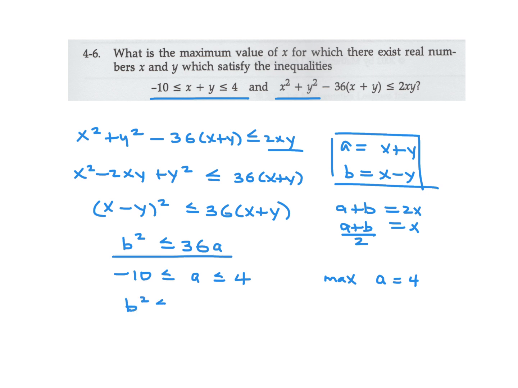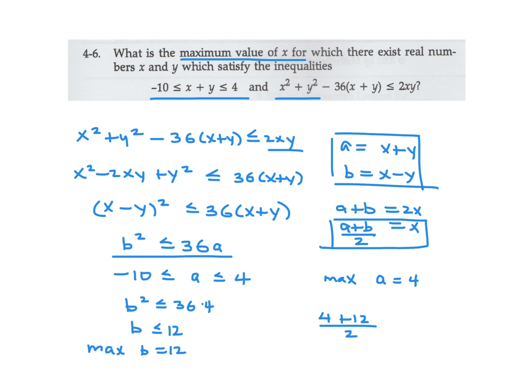B squared would be 36 times 4, and therefore b would be at most 6 times 2, which is 12. So the max for b is 12. And therefore the maximum value for x, since x is equal to a plus b over 2, would be 4 plus 12 over 2, and that is equal to 8.